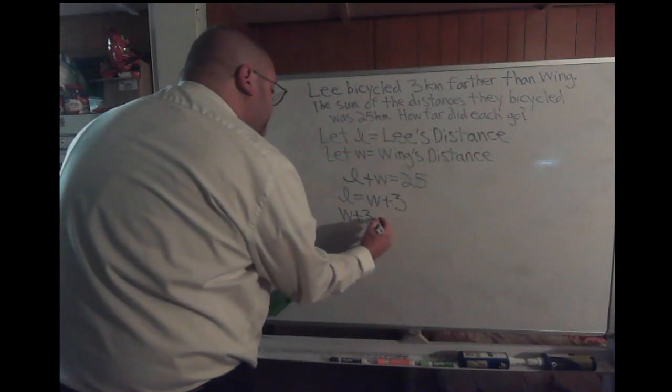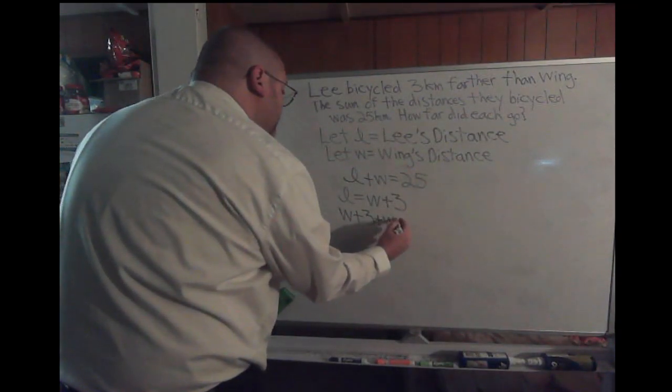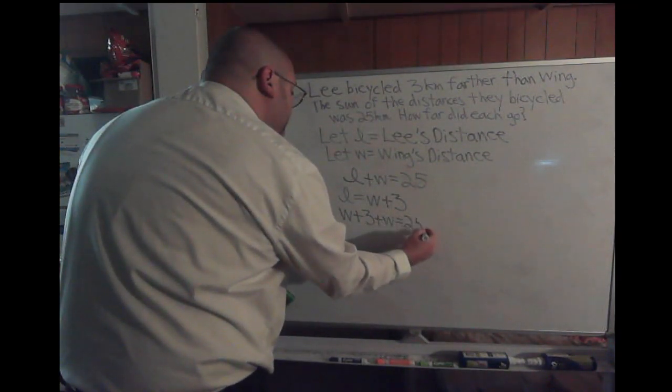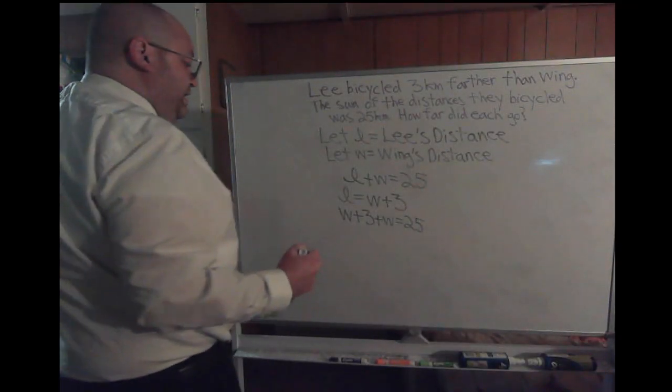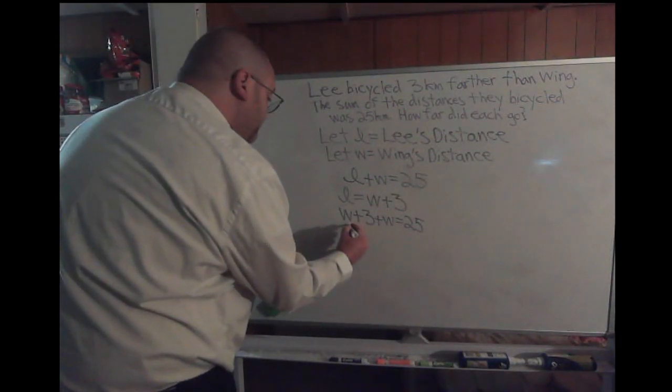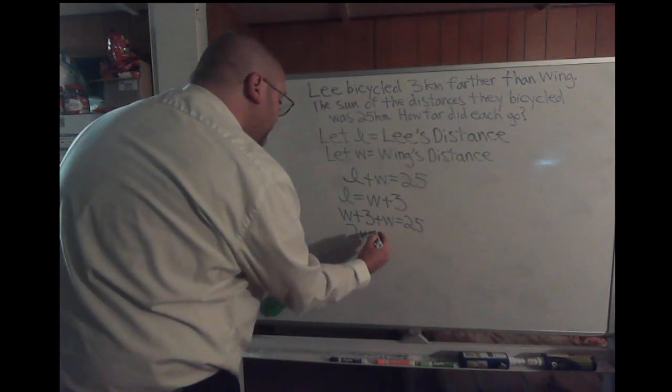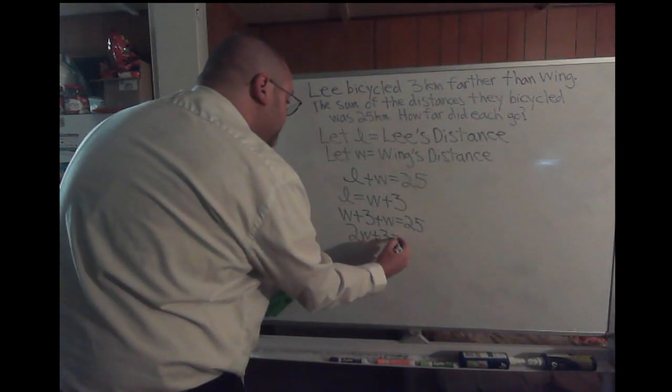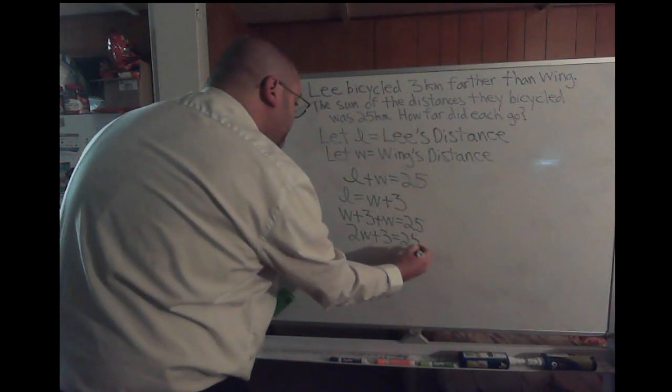We'll put in W plus 3 plus W equals 25. Okay, well, we'll simplify the left side. W plus 3 plus W, that would be 2W plus 3. We'll set that equal to 25.